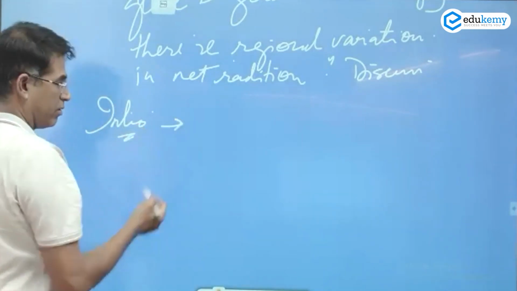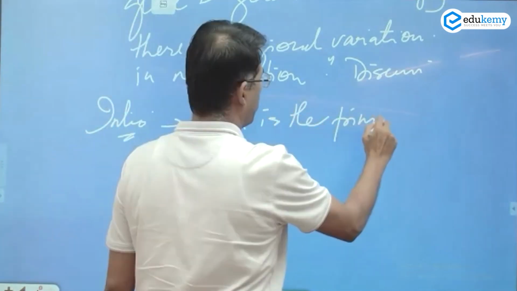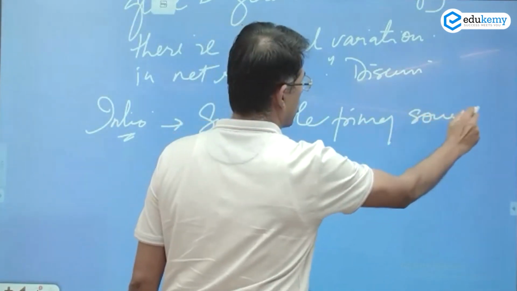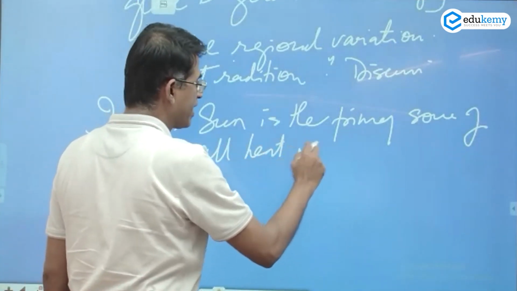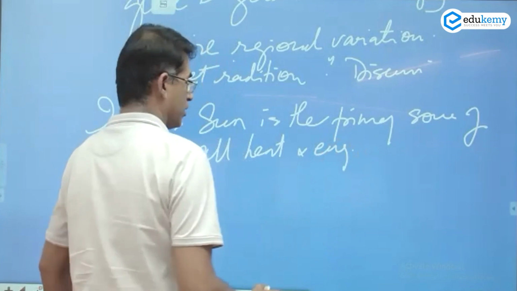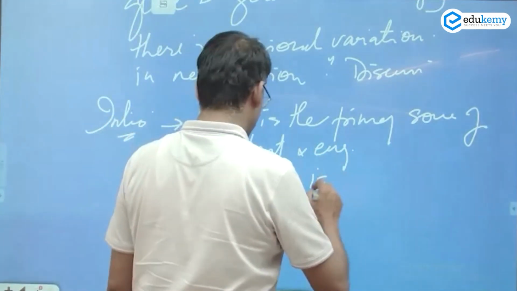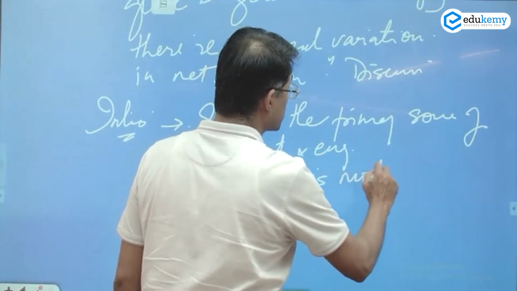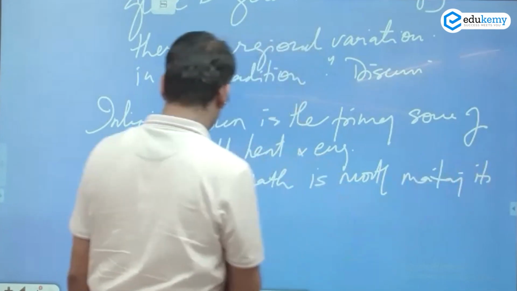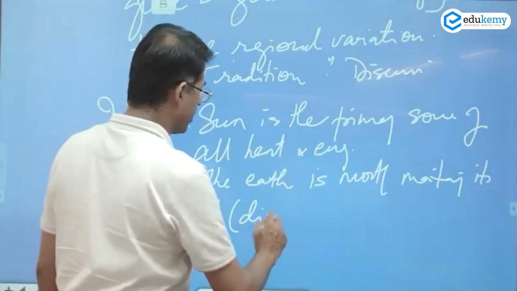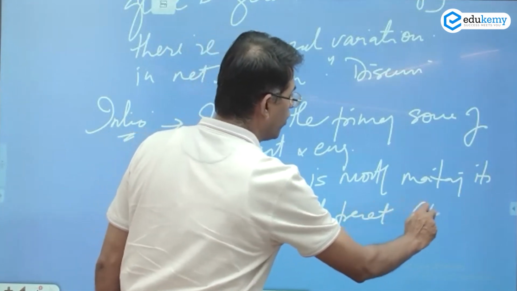Your introduction will be that the sun is the primary source of all heat and energy. The Earth is mostly maintaining its temperature, discounting the present global warming.